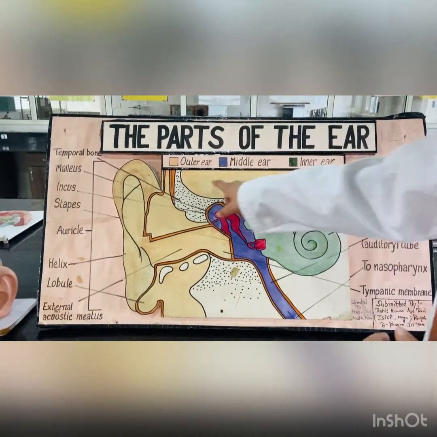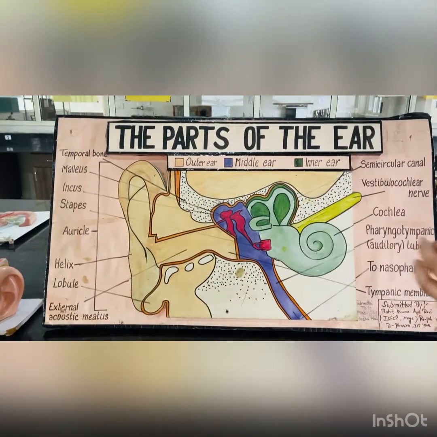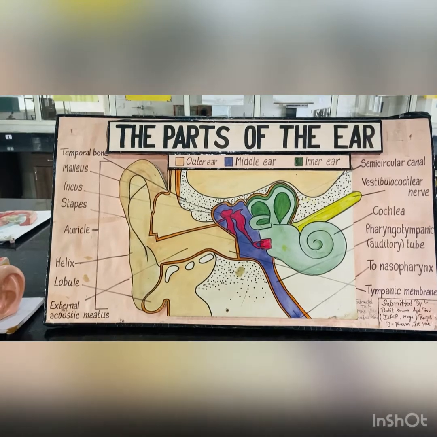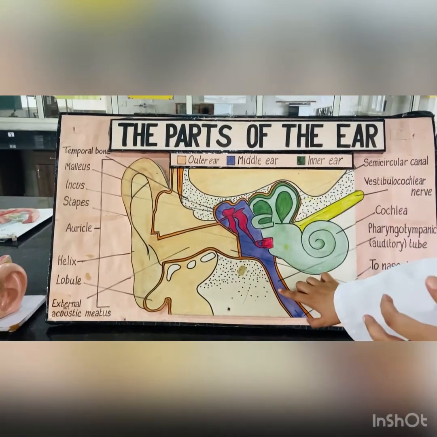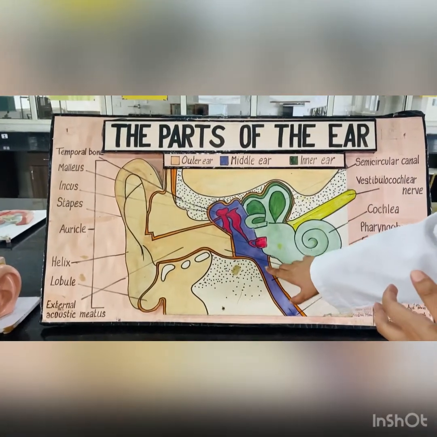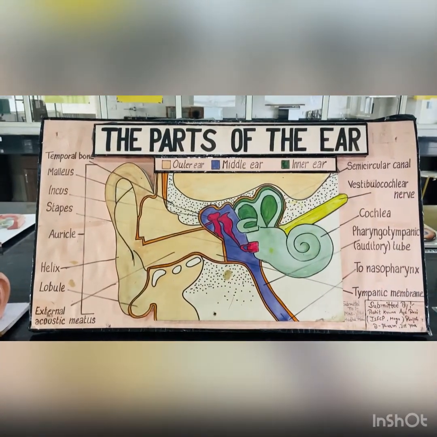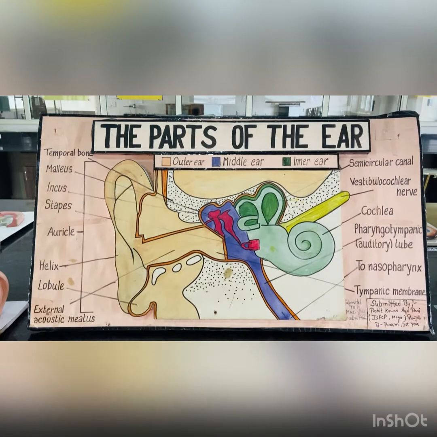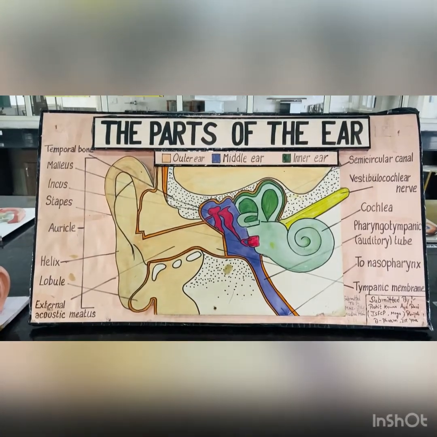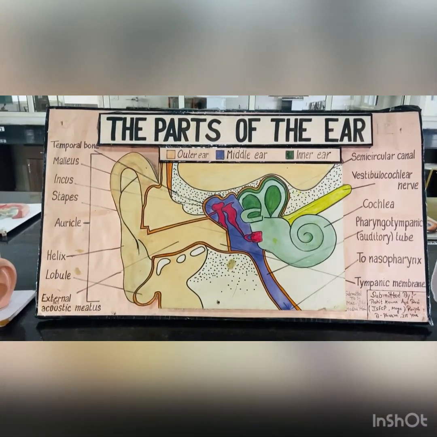The outer ear first collects the sound waves and sends them into the middle ear. From the middle ear, they are sent to the inner ear where they are converted into nerve impulses and then transmitted to the hearing areas in the cerebral cortex.